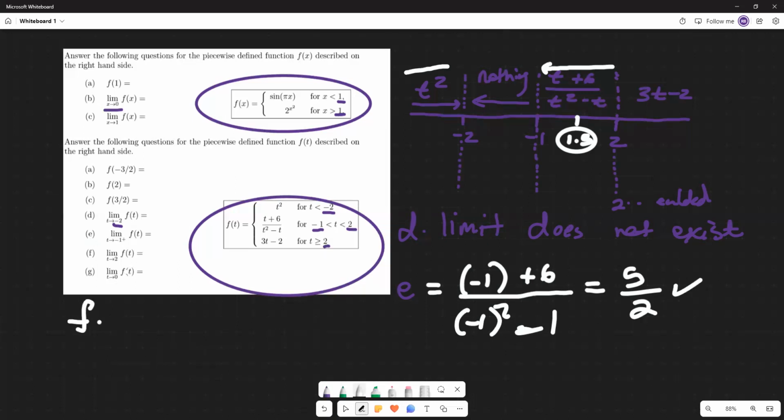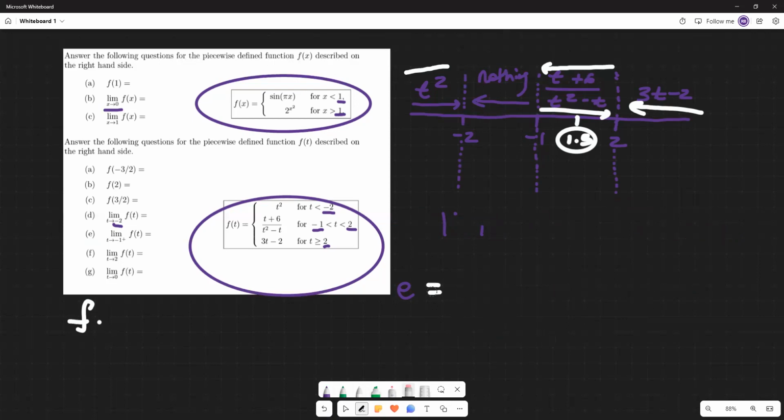F, the limit as t approaches 2. So I need to check the left-hand limit and the right-hand limit. Let me create space for myself here. You have F, which is the limit as t approaches 2.